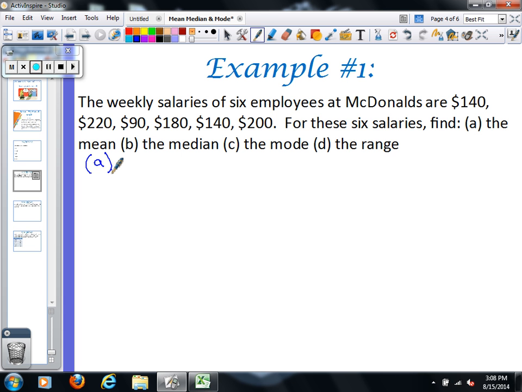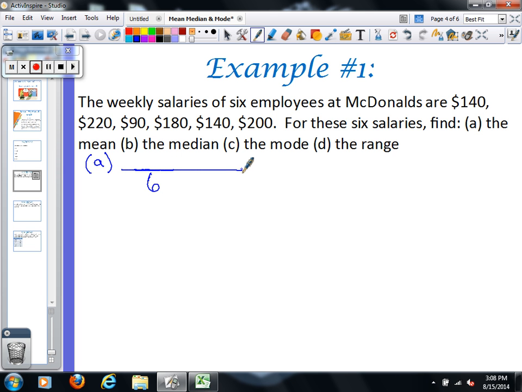When we find an average, take a sport like baseball and the batting average: you take the number of times the person hit, out of the number of times the person got up to bat, the total possible outcomes. In this case, there are 6 salaries, so I'm going to put 6 here.